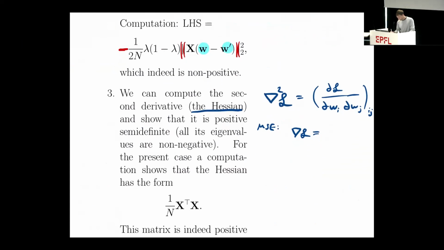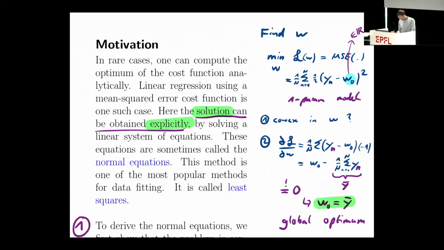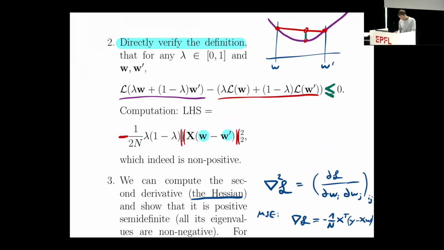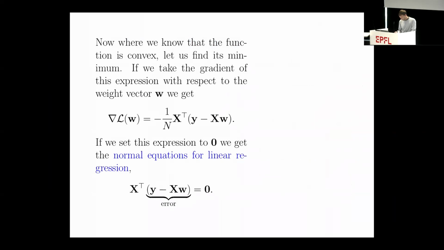So we did this already. We said it's -1/n, and then we had the X transpose times the error function, which was y minus Xw. I hope that's correct. So if I compare, yes, exactly. So this is the gradient, and this is also what we call this error vector. So this is the gradient for a linear model plugged into the least squares cost function.